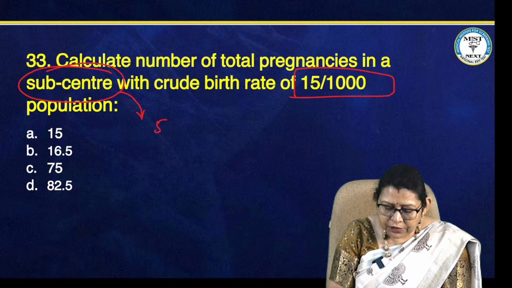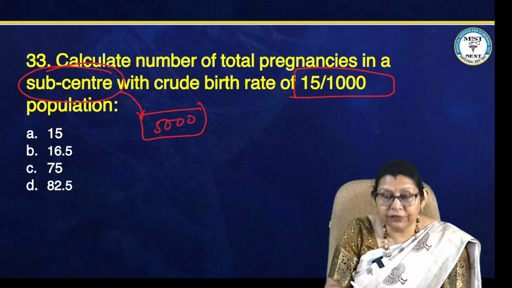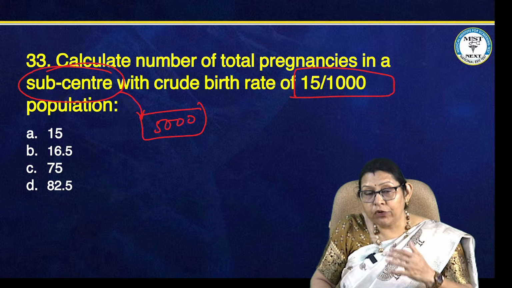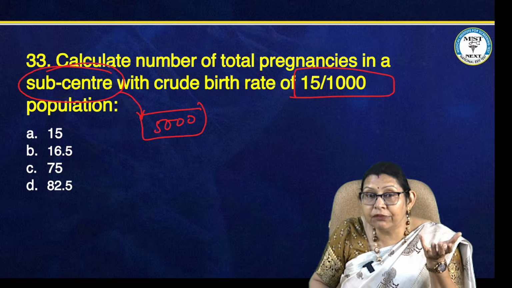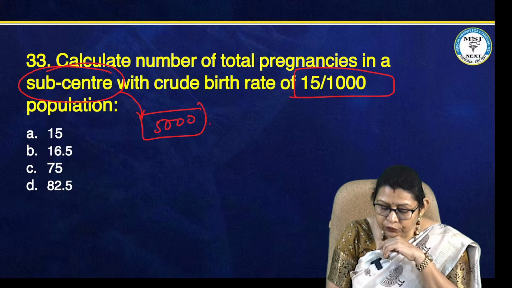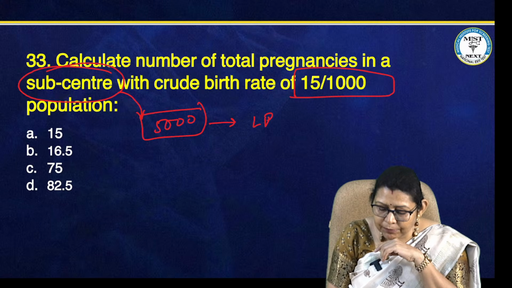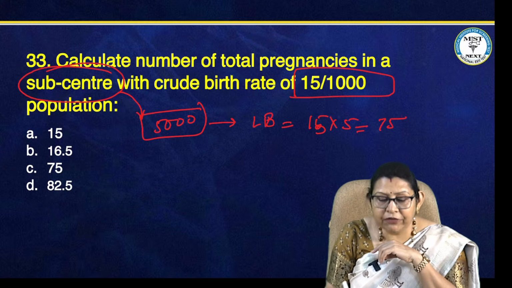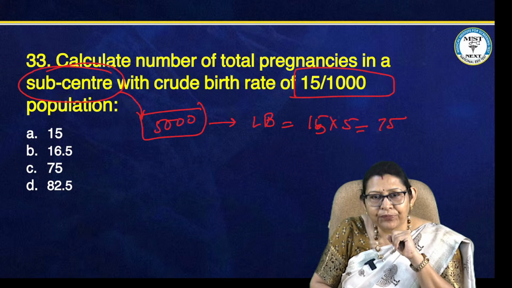Sub-center का first you should be knowing the population, it is 5,000. So you have to first find out how many will be the live births in the 5,000 population. 1000 में 15 है, तो 5,000 में the live births कितना हुआ? It is 5 times of the 15. That is 75. This is the first catch.